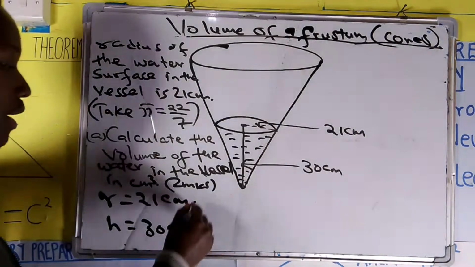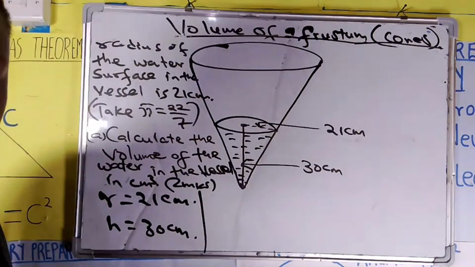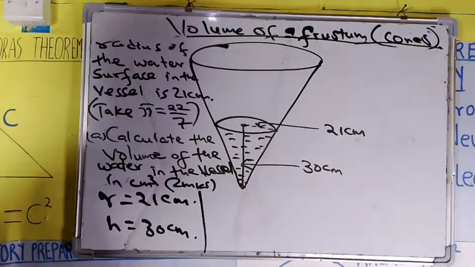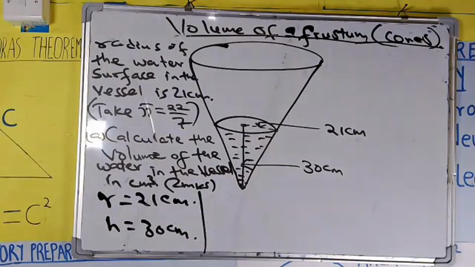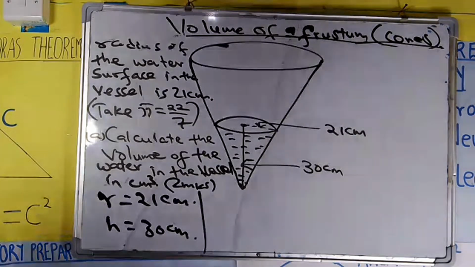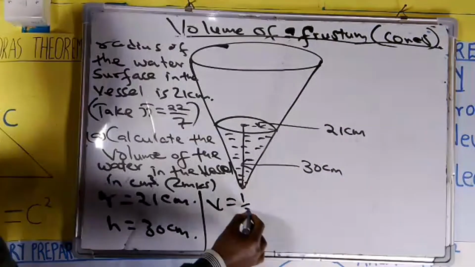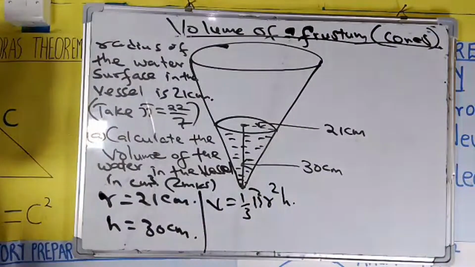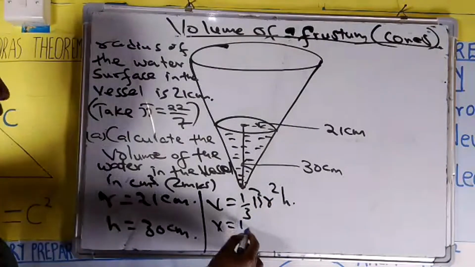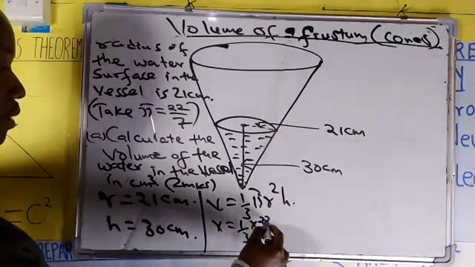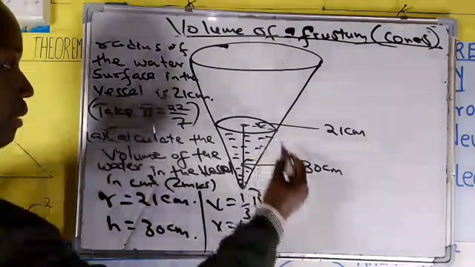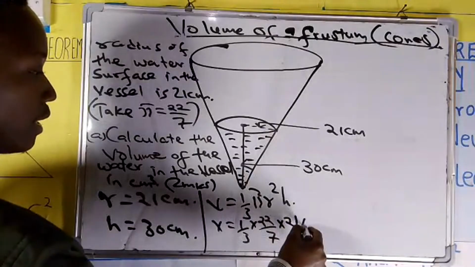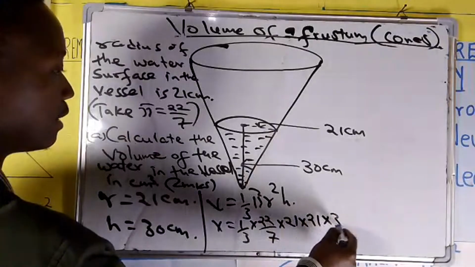So for us to find the volume of this water, we determine the volume of that cone, which is a third pi r squared times height. So our volume will be a third times 22/7 times 21 times 21 times 30.